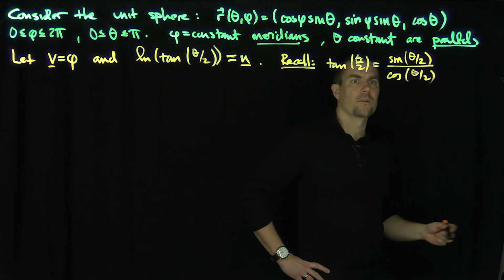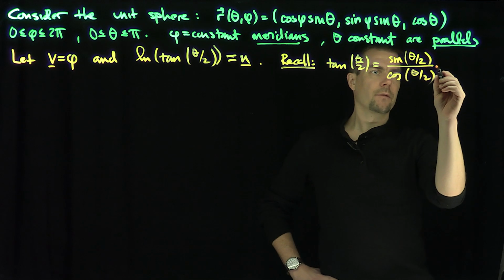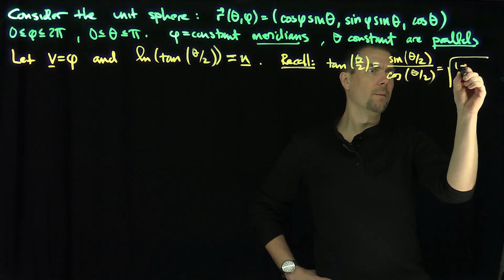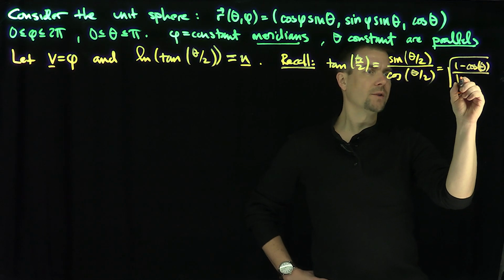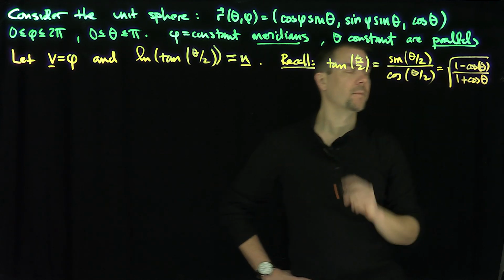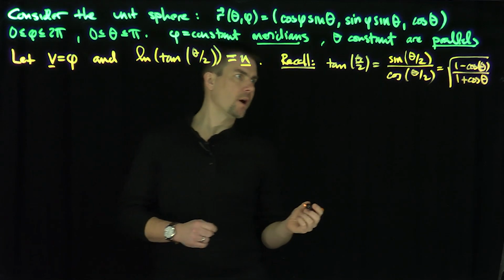I do the half angle formulas over here, which is just the square root of 1 minus the cosine of theta over 1 plus the cosine of theta. I'm going to multiply by 1 minus cosine over 1 minus cosine.